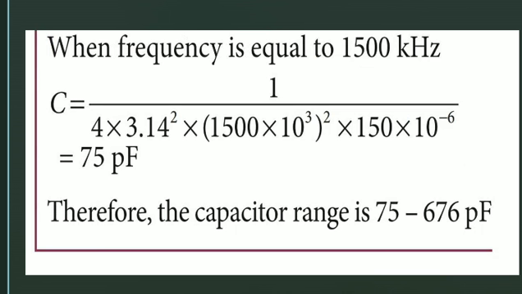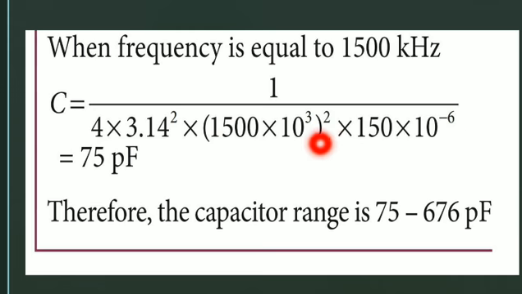Next, for the frequency 1500 kilohertz, what is the F value? 1500 into 10 power 3. Using the same formula, substitute 1500: 1 divided by 4 into 3.14 the whole square into 1500 into 10 power 3 the whole square into 150 into 10 power minus 6.